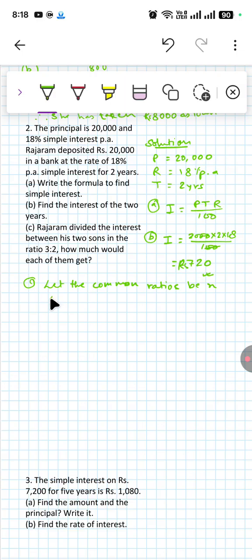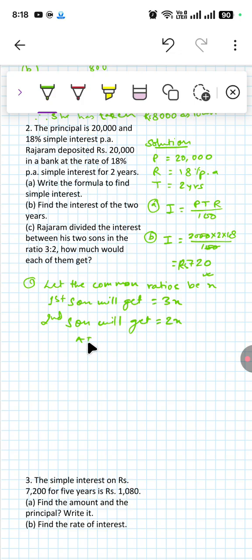So the first son will get 3x and the second son will get 2x. So let us divide 720 rupees among these two sons.